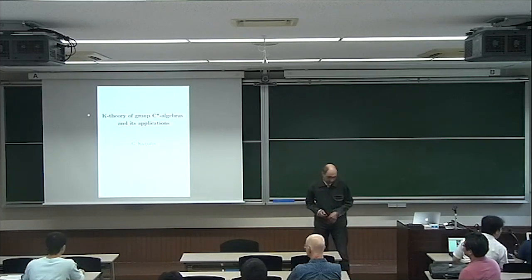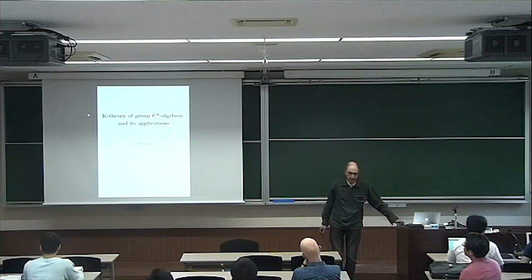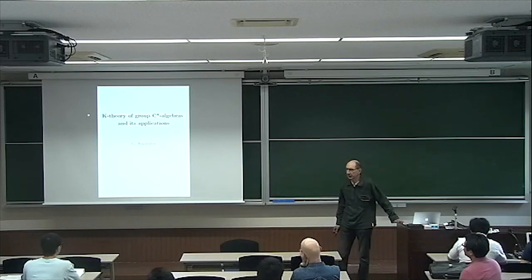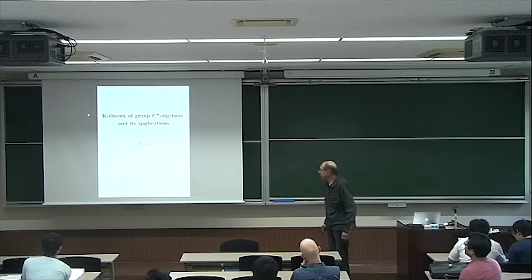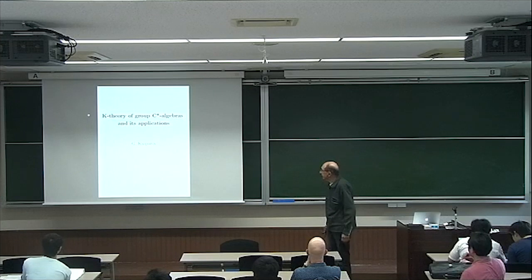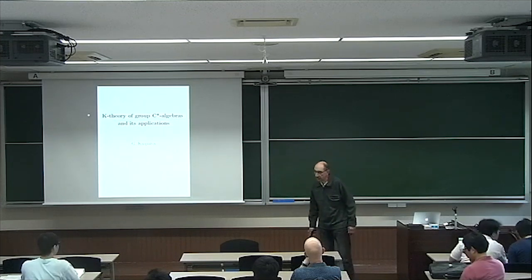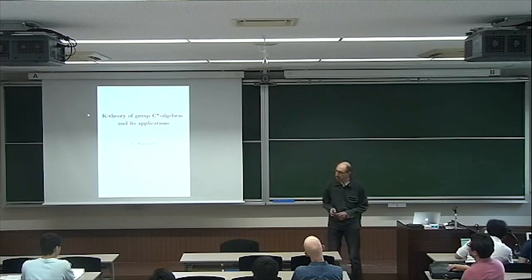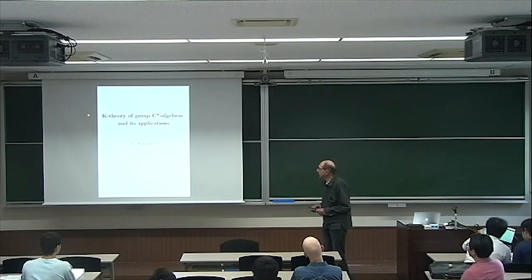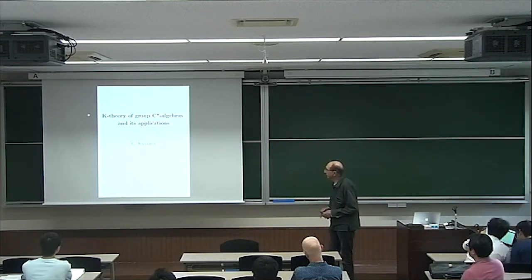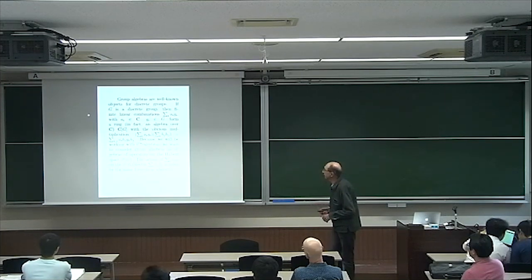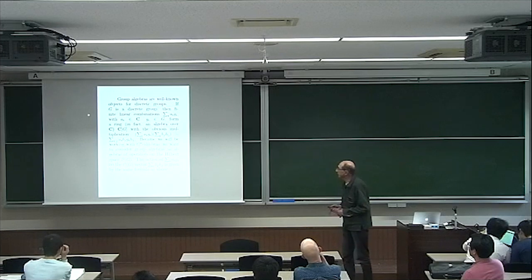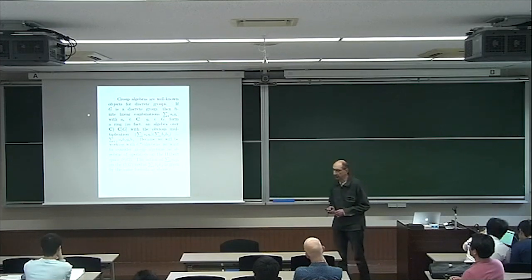The subject of group C-star algebras is not new, it's very old actually. K-theory is used starting from maybe the beginning of the 70s, and from the 80s the development started pretty fast, and in the past 40 years there was significant progress.